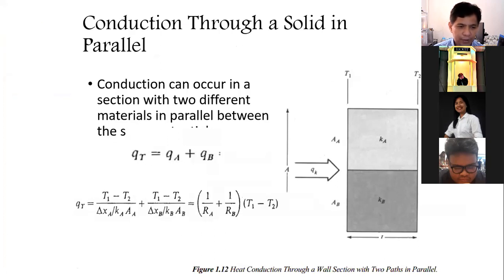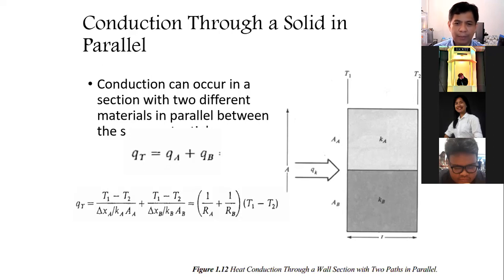And then if you're going to imagine it, halimbawa QT is the total amount of heat flux that is passing through these materials, materials in parallel.